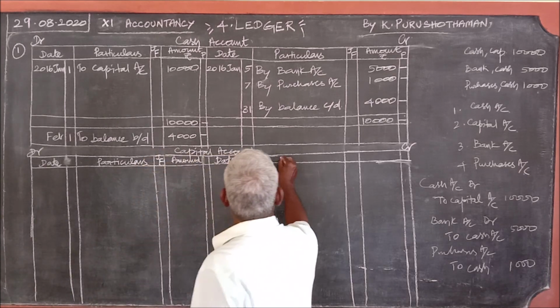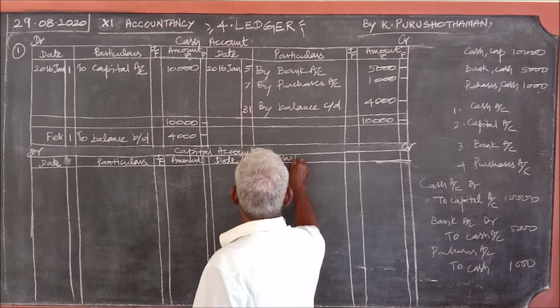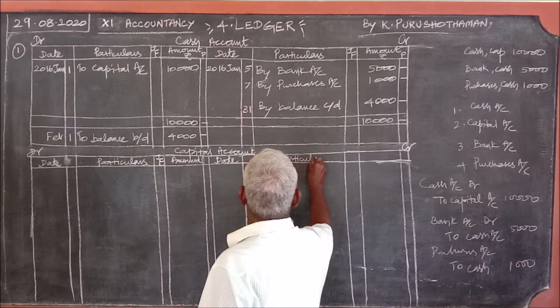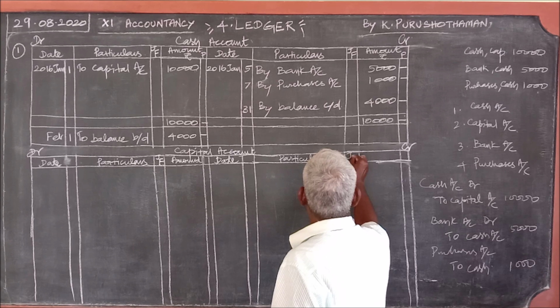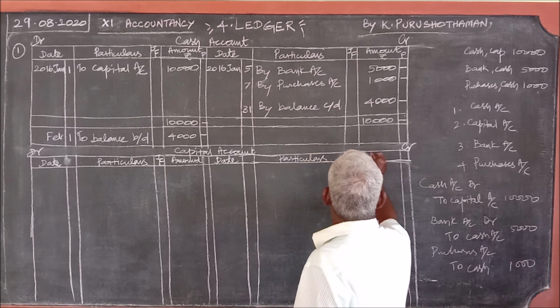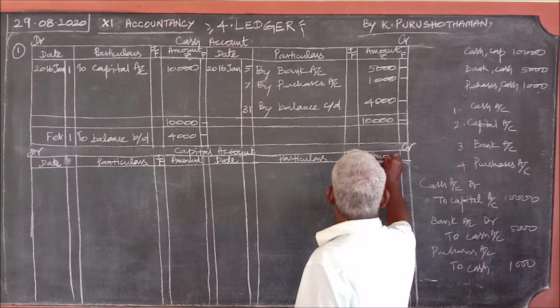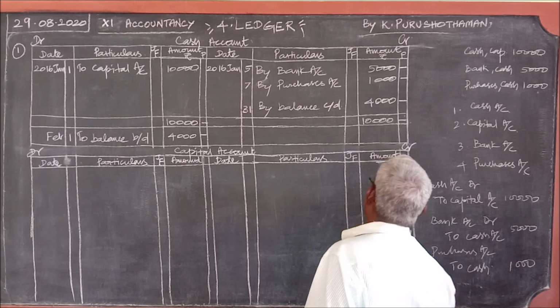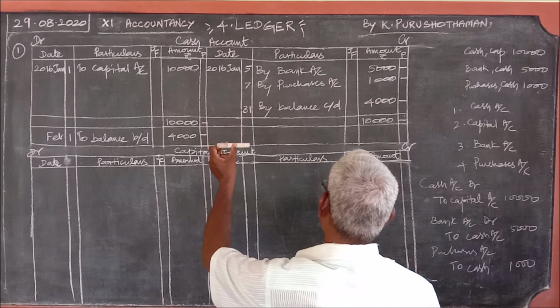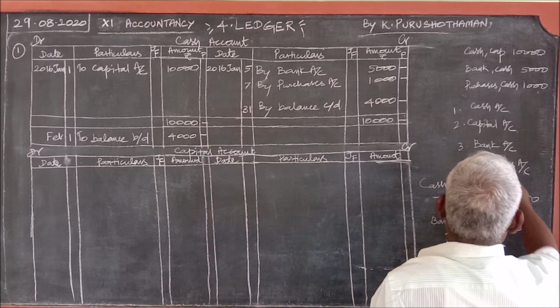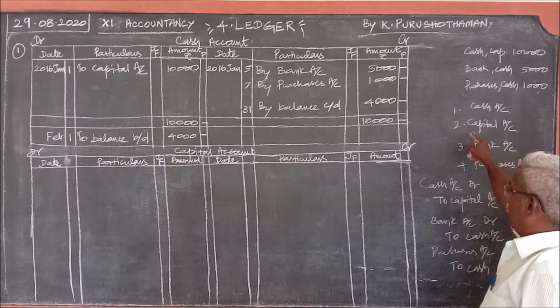Date, particulars, JF, amount. This ledger is meant for the second ledger, the capital account.